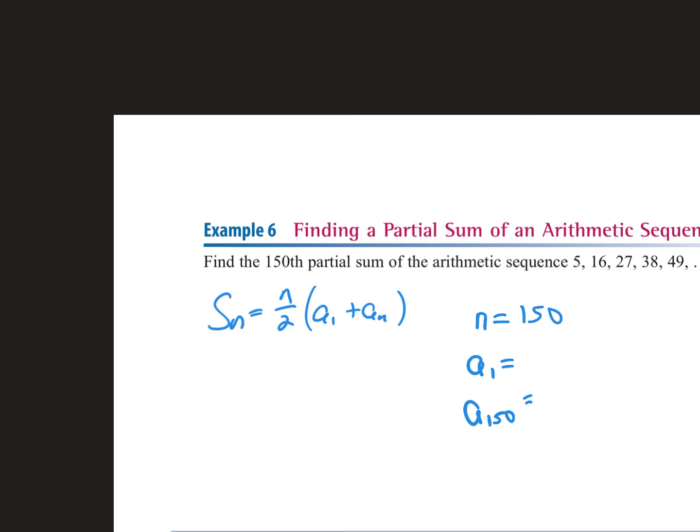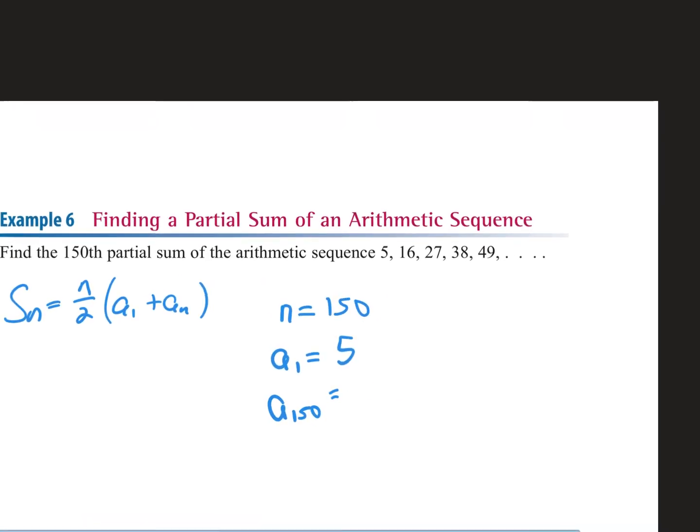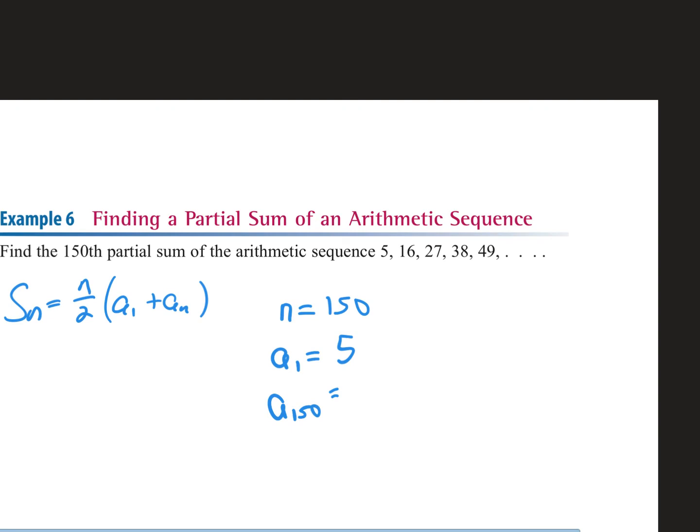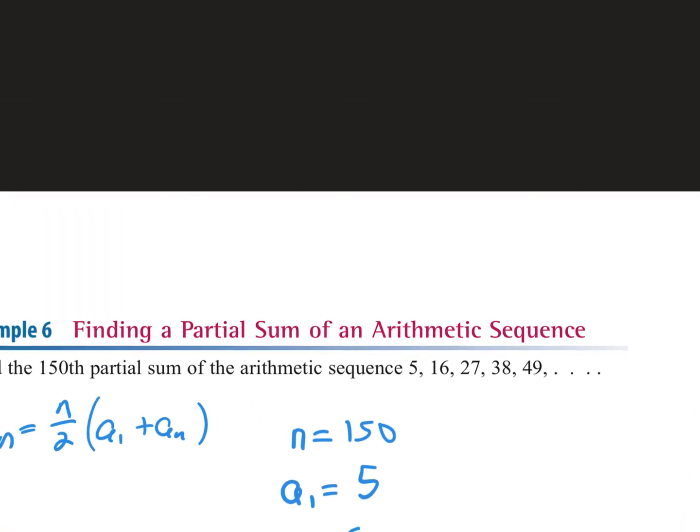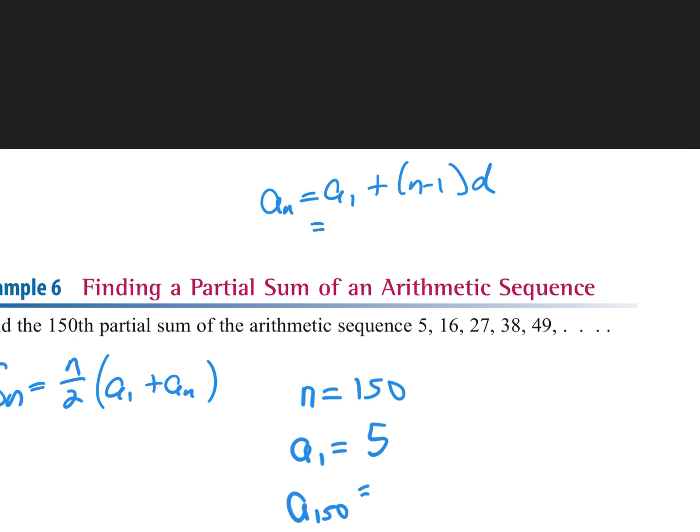Do you know the first term? Yes. What is it? 5. Do we know in this sequence what the 150th term is? No. So again, we can do this one of 2 ways. We can use this formula to write a rule first. I could say my first term you told me was 5 plus n minus 1.